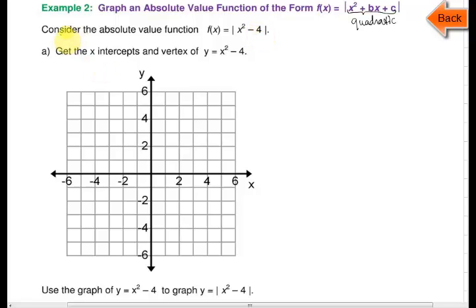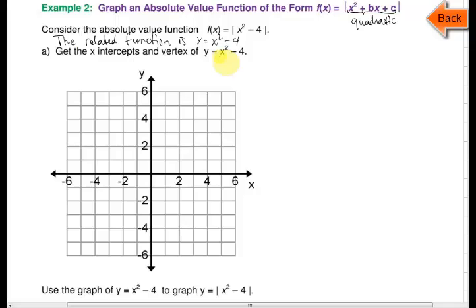The related function is y equals x squared minus 4. So we're going to get our x-intercepts and vertex of y equals x squared minus 4.